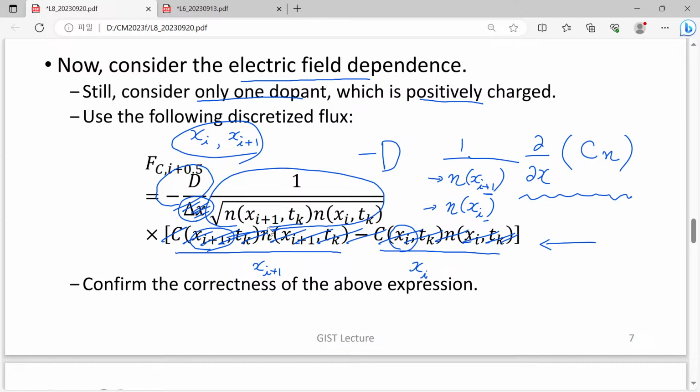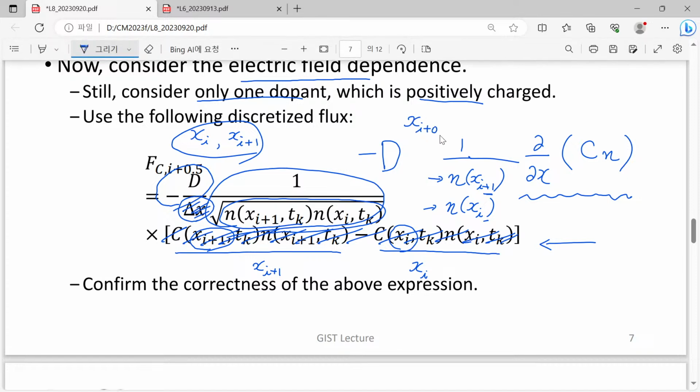Once again, why do we have this square root of their product? It is because electron density more or less changes exponentially, increasing or decreasing exponentially. Therefore, if we want a midpoint value at x sub i plus half, it is better to take the product of the two n values and take the square root.